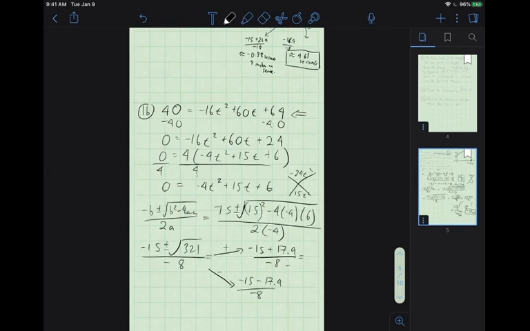We get a tiny negative number. Okay, and then the next one, you'll see that this answer does make sense. This one is about 4.11. That one is going to be our answer, again, because you can't have negative time. That's the answer to 1B.